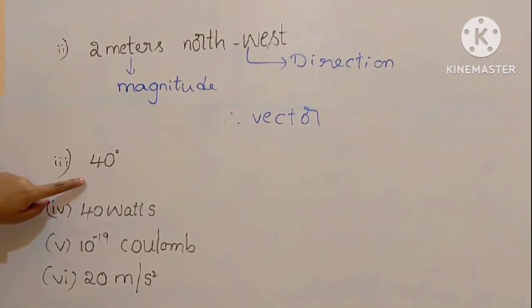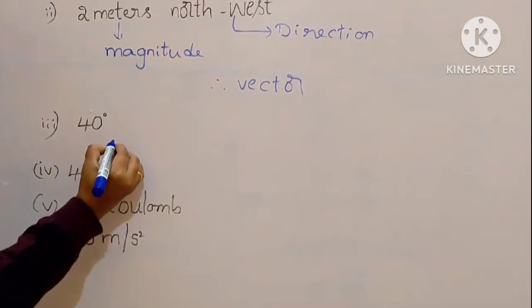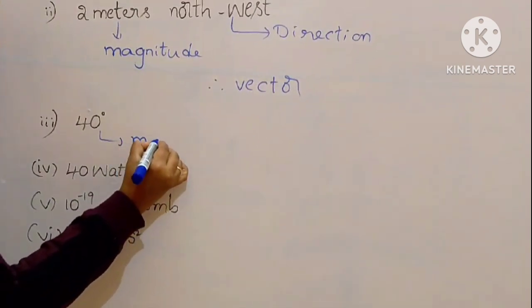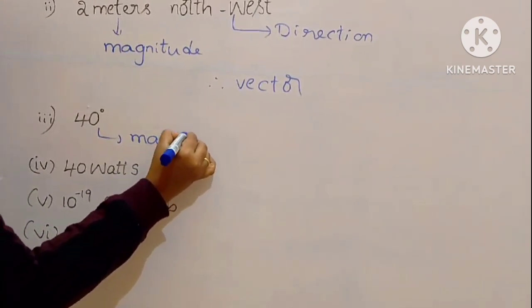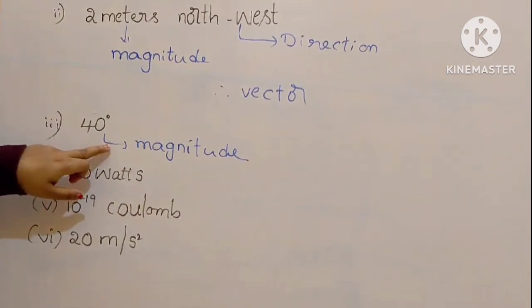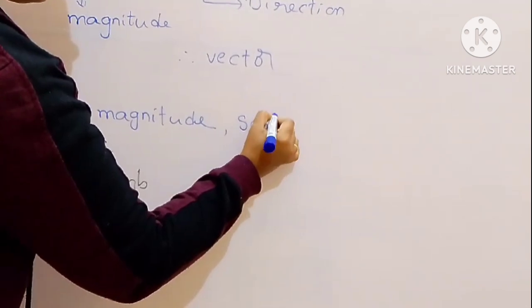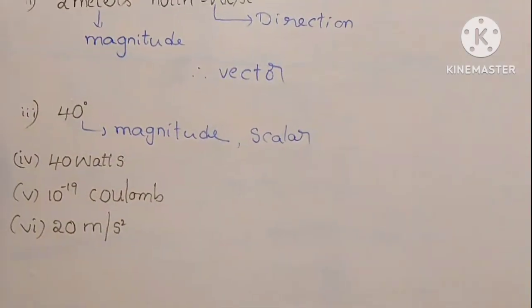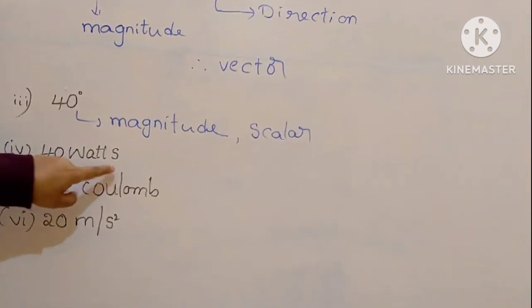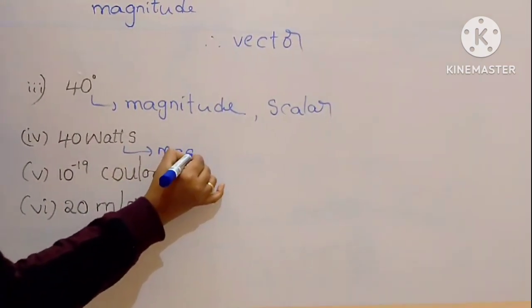Next, go for the third question. 40 degrees. Degree represents only magnitude. In this, there is no direction. So, it is scalar. Go for the next question. 40 watts. Watts represent magnitude.